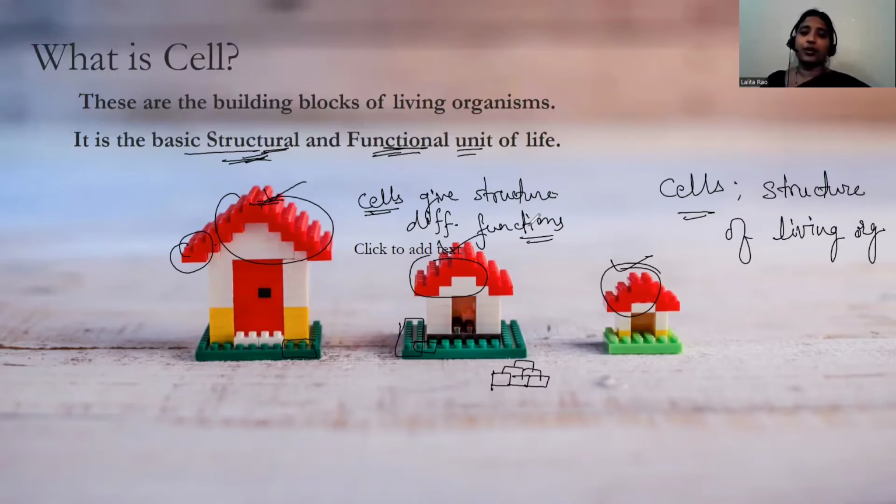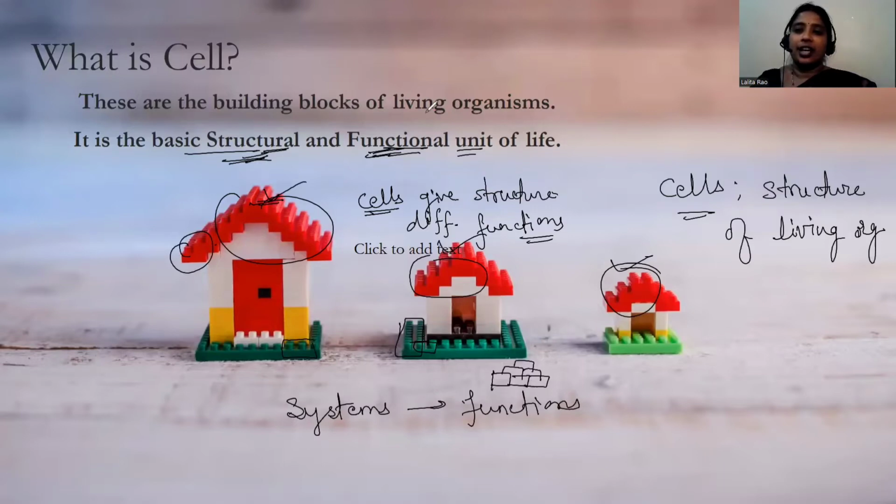If you consider the human body, there is circulation, digestion, and there are different systems. All these systems work or function because of cells. There are different cells for performing different functions of life. That is why it is known as the functional unit of life.